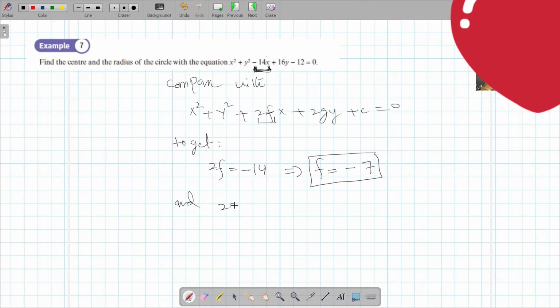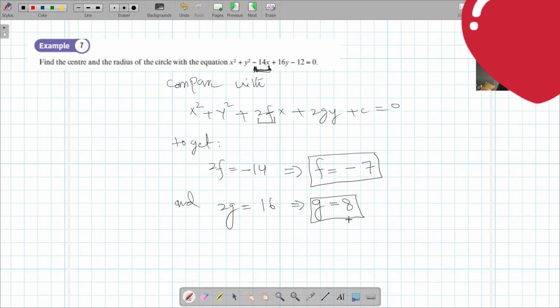And what about 2g? 2g is equal to 16, so g is equal to 8, right? And what about c? C is minus 12.